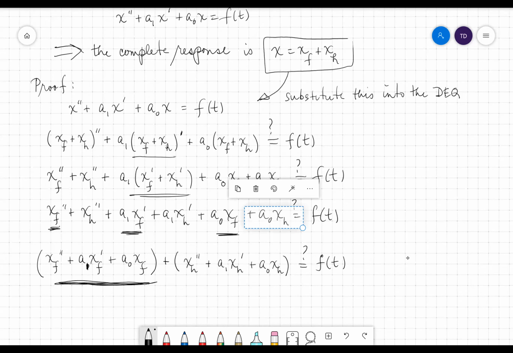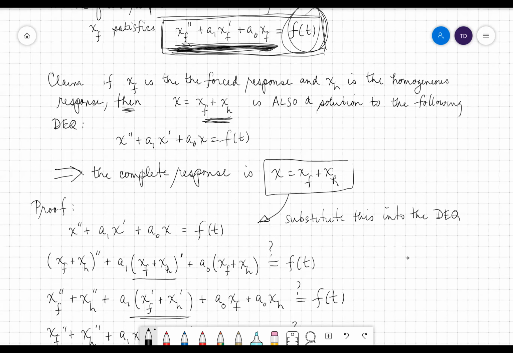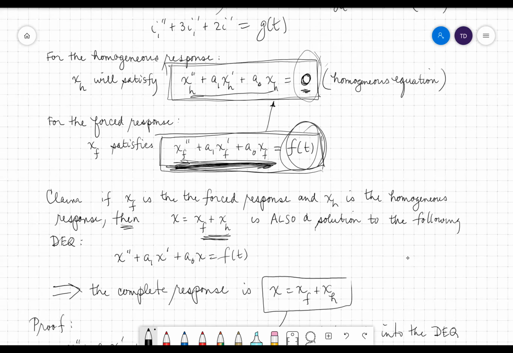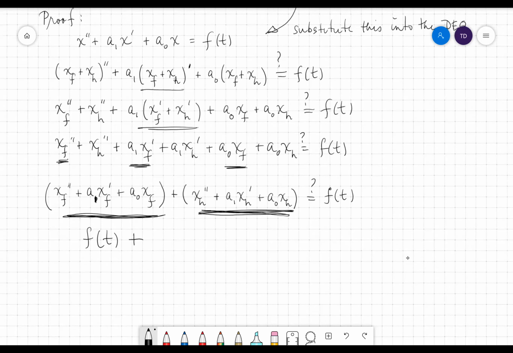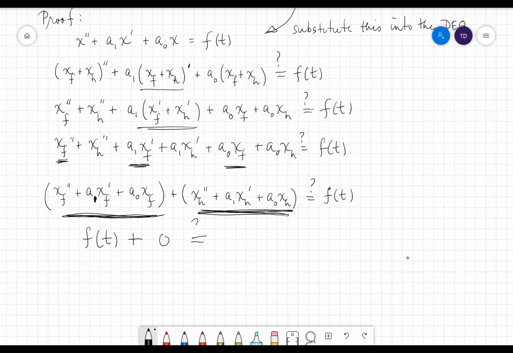So down here, I'm going to put that. That's f(t). Look up at your notes and see what this one is equal to. What did we say it was equal to for xH? I'll scroll. Here it is for xH. What's it equal to? 0. Is f(t) + 0 equal to f(t)? It sure is.